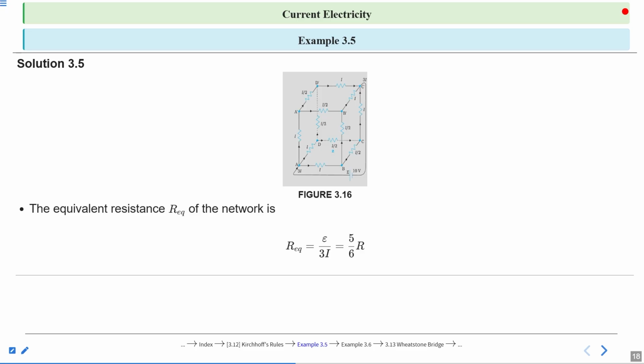In the circuit it divides among all the branches, but the total current is 3I. So we can now find R equivalent as potential upon current, that is Ohm's law.